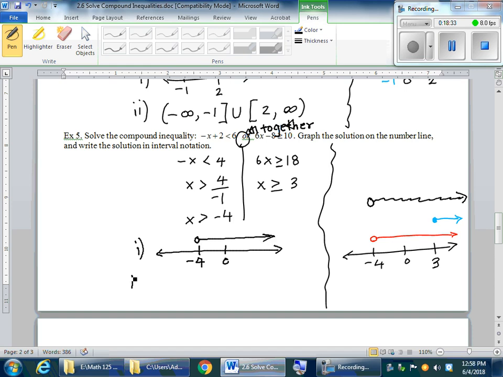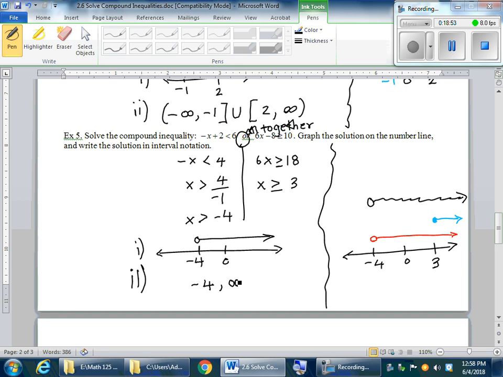And interval notation will be the smallest value, which is -4, to infinity.